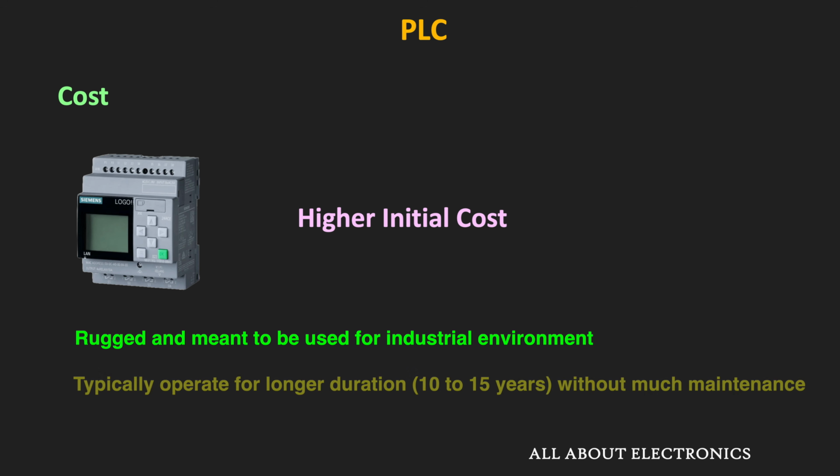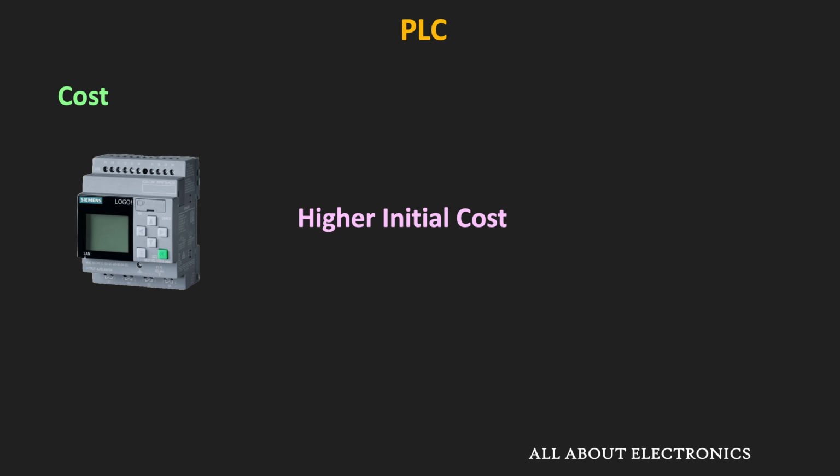Not only that, they are also meant to be used for a longer duration. Typically, once PLCs are installed, they tend to operate for 10 to 15 years without much maintenance. And typically, the vendors also provide good support for the same PLC. So that is why the initial cost of the PLC is higher.